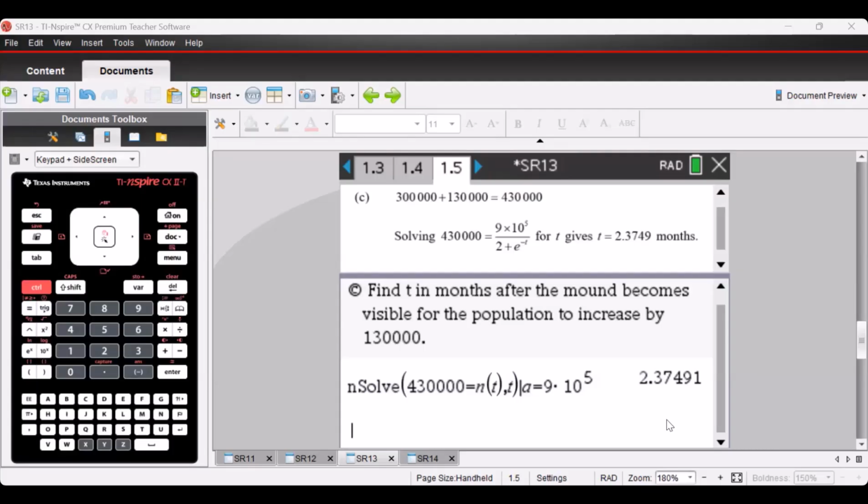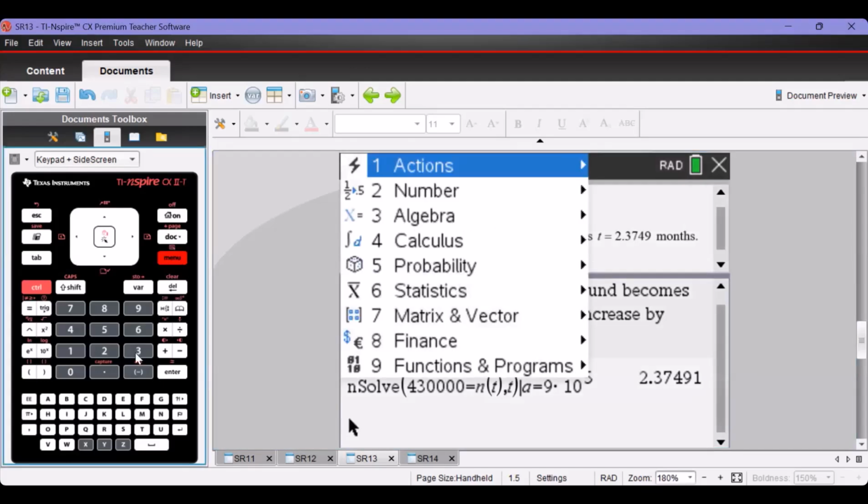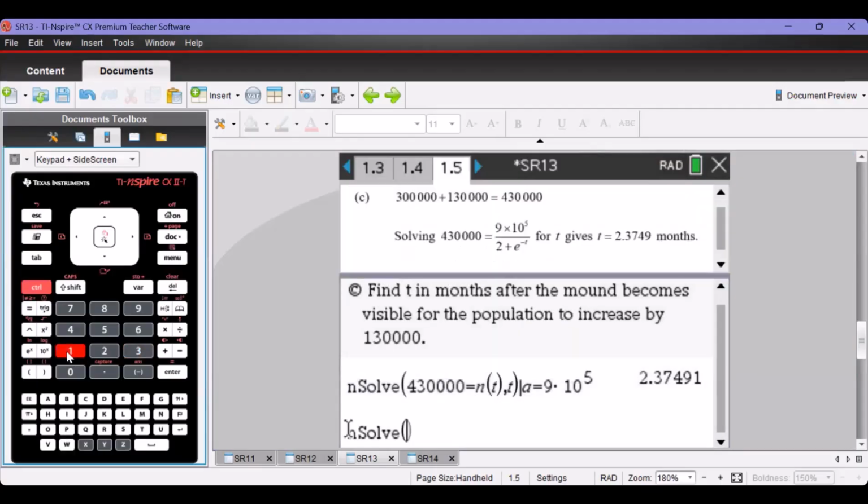The way to access the numerical solve command is to press menu, then 3 for algebra, and then 1 or Enter for numerical solve. We can enter the equation here, which is 430,000 equals. We don't need to type in N of T as expressed there.